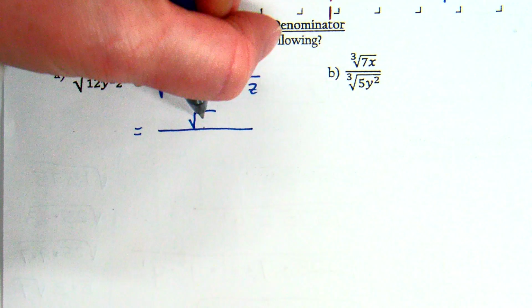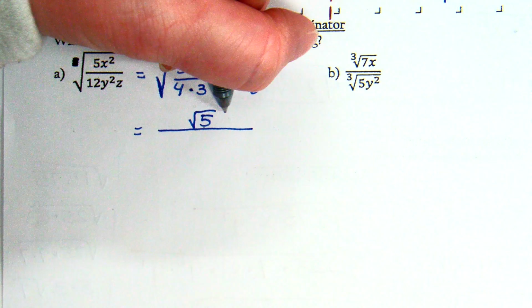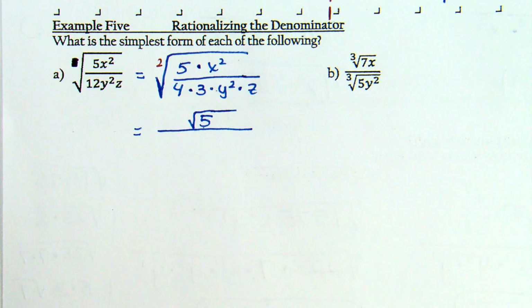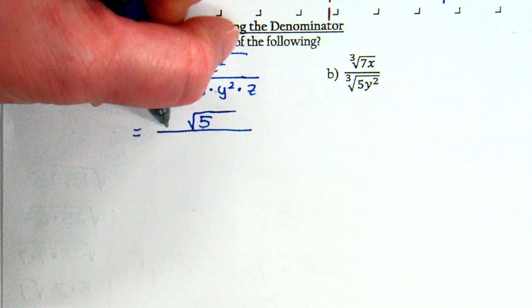Square root of x squared. I made that too big. Oh well. What is the square root of x squared? X, because what do we do, guys? It's 2 divided by 2, which makes it x to the first. Where do I put that x to the first? Out front. So on top, I have x times the square root of 5.